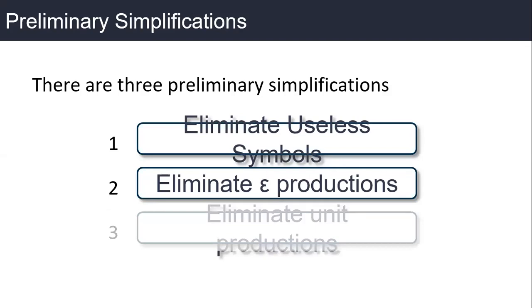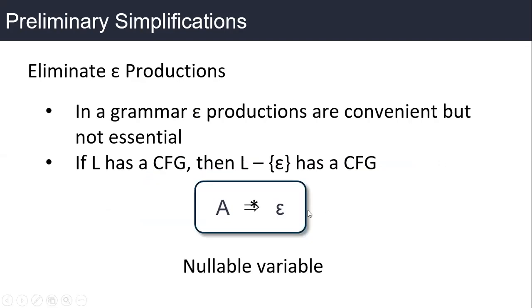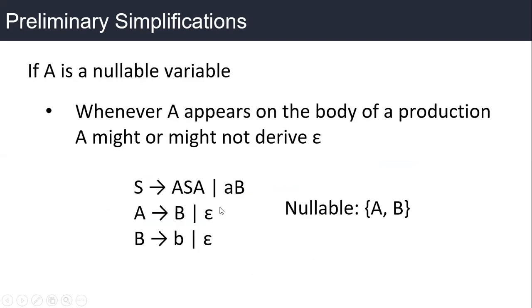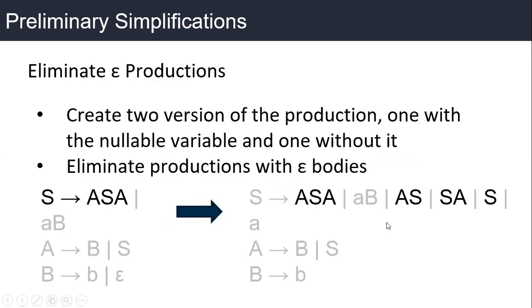The second rule is eliminating epsilon production. When a grammar has epsilon production, we have to put epsilon in place of the concerned variables which are producing epsilon. For example, if we have a grammar like this, A is producing epsilon and B is also producing epsilon. So we put epsilon in place of A. These two productions remain as they are.